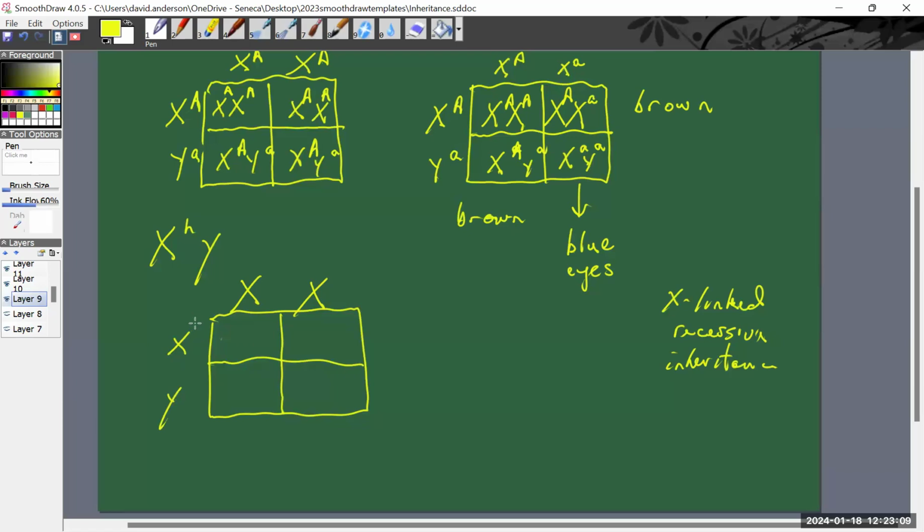So if we had a male who was normal, we're going to do a big capital H. And if we had a female who was a carrier, she may be unaware that she's a carrier. So she would have one dominant and one recessive allele for the trait of hemophilia.